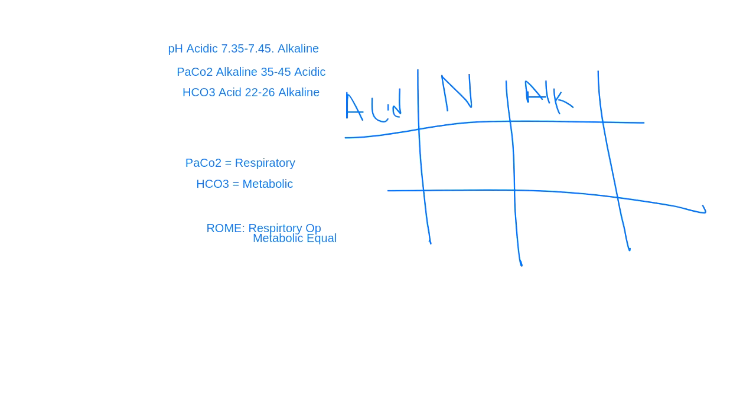So 7.53 is going to be alkaline. So you can do pH right here. Does that make sense to you guys? Am I going too fast? So 7.53 on your pH is going to be alkaline. Okay. And then the next number is 23. That's your PaCO2.